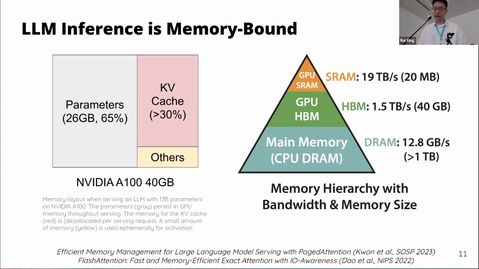During each decoding step, the huge number of parameters need to be transferred from the GPU HBM to SRAM for computation. And the limited bandwidth of GPU HBM becomes the primary latency bottleneck of each decoding step. In other words, the inference process spends too much time reloading large language model parameters rather than performing arithmetic computations.